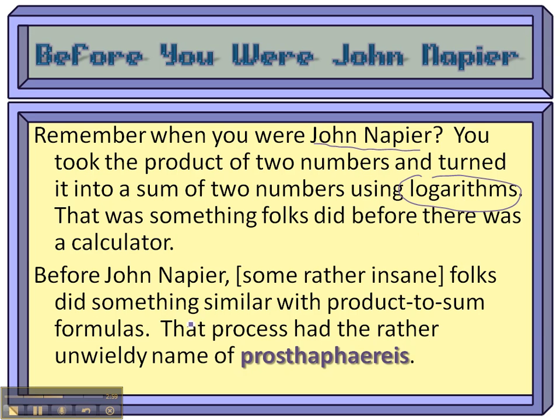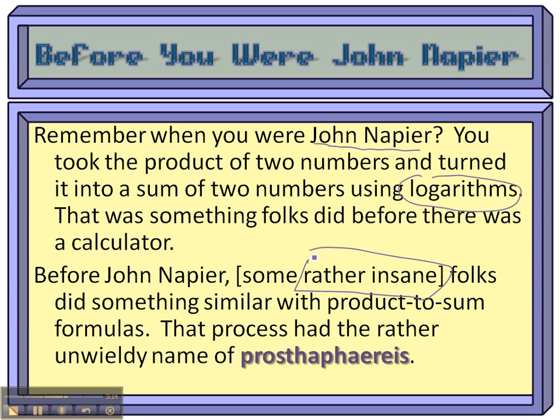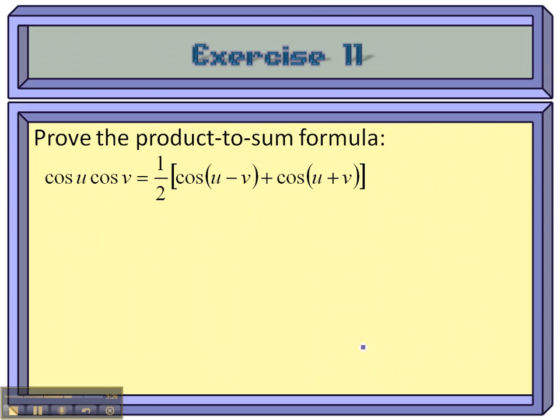So that's what this last part says, that before John Napier, some folks, some rather insane folks, used these product to sum formulas to do the same thing, to turn a product of two numbers into the sum of two numbers. And that had an absolutely impossible to say word that had to do with that. I'll go ahead and give you a second to try to pronounce it. No? Okay. Then we'll move on.